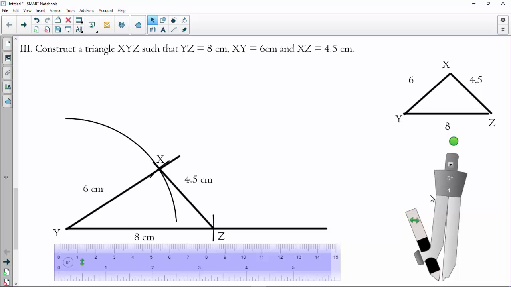Now it is very simple, with practice it becomes even easier to remember.